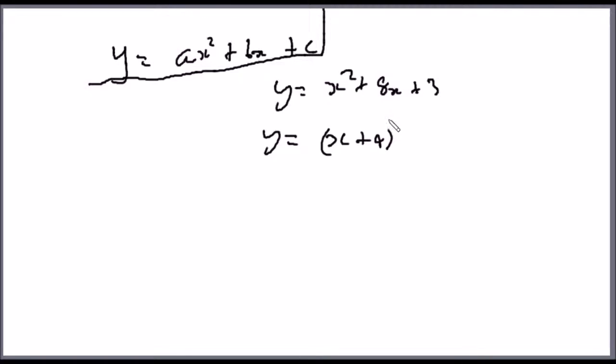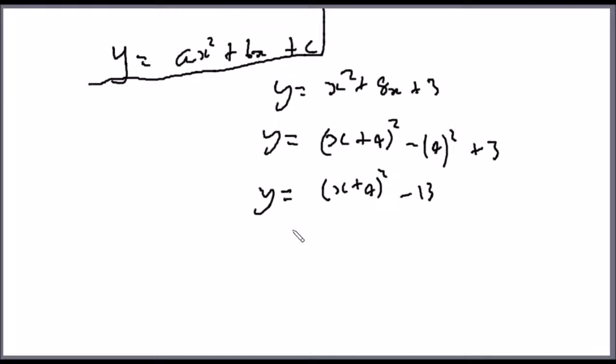So you can halve it and then square it. But however, there is one thing missing. This is the same as this. However, there is actually another 16. So what we can do is just minus 4 squared plus 3. So y equals x plus 4 squared minus 13.